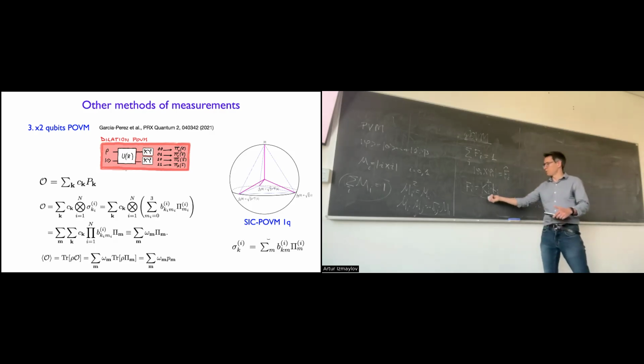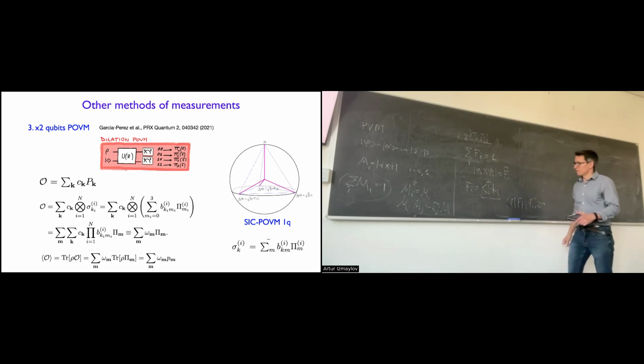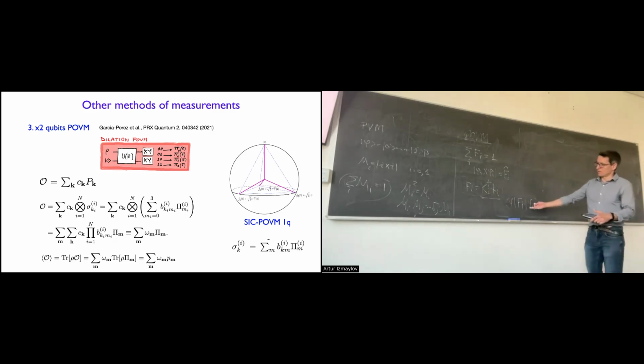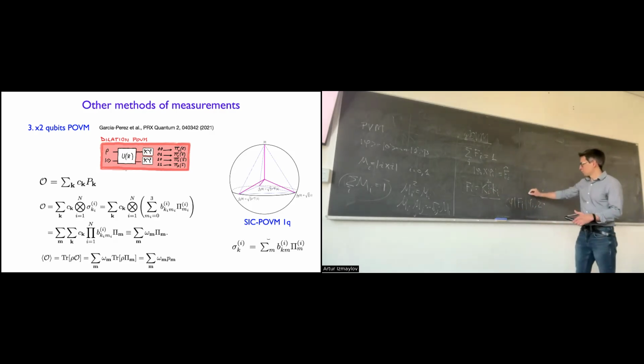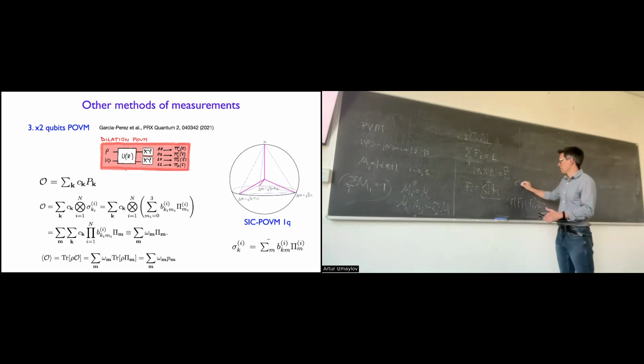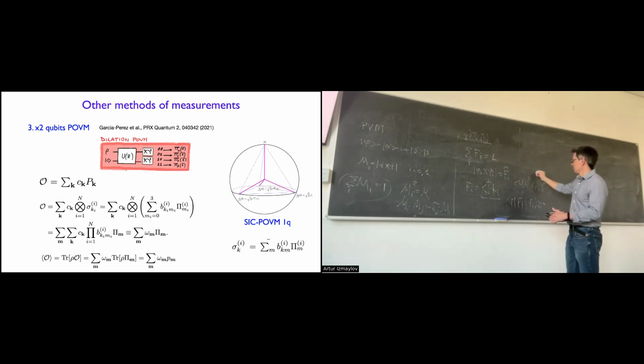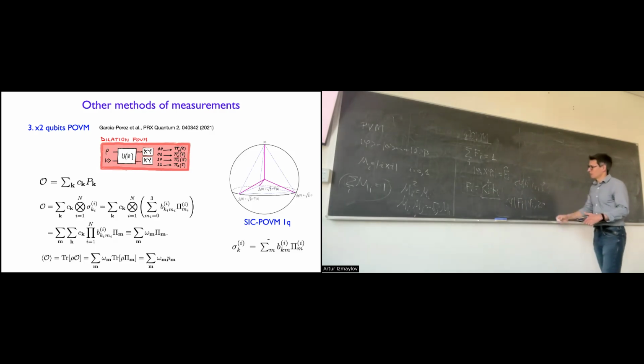Because if you put in this definition, it becomes phi Ki dagger Ki phi, which is the norm of the vector Ki phi. So it's always positive. All right, great.